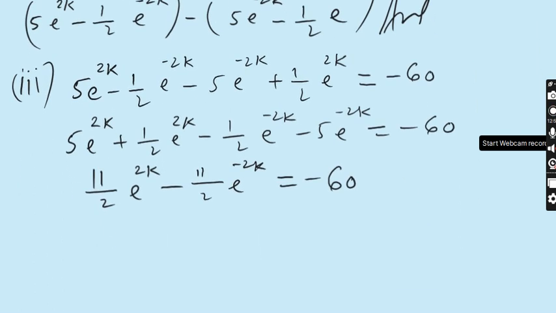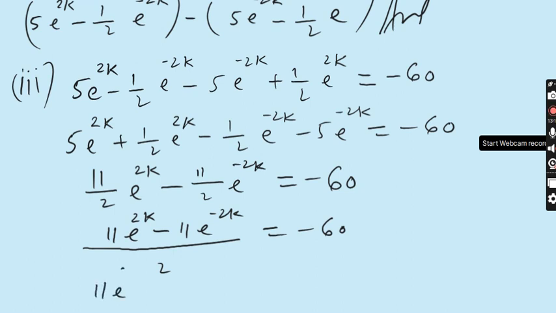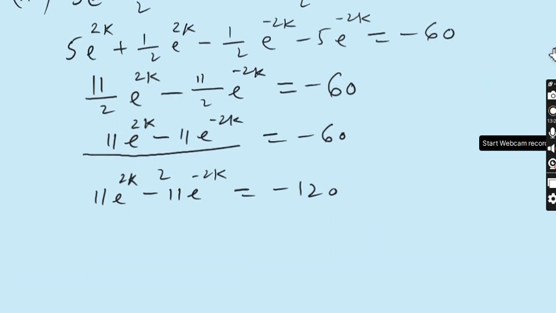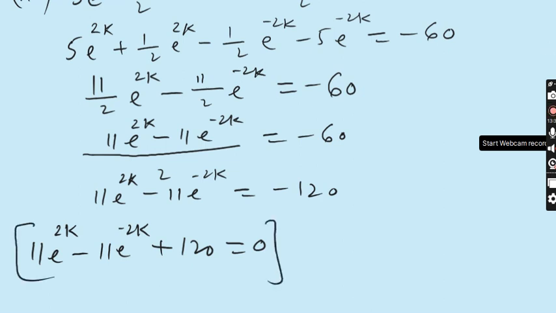Taking the LCM, 11e^(2k) minus 11e^(-2k) is equal to minus 120, because 2 into minus 60 is minus 120. So 11e^(2k) minus 11e^(-2k) plus 120 is equal to 0. Shown.